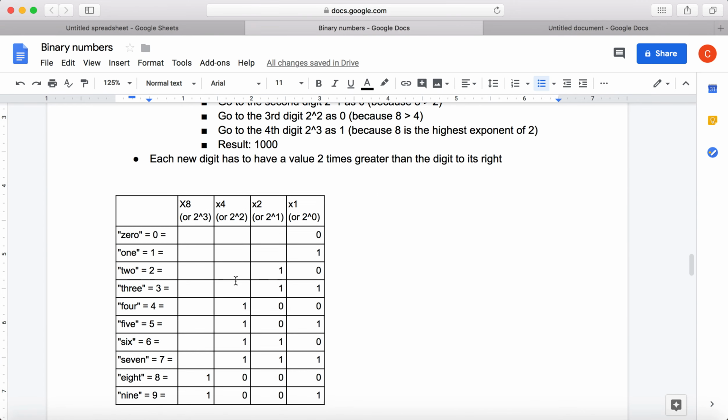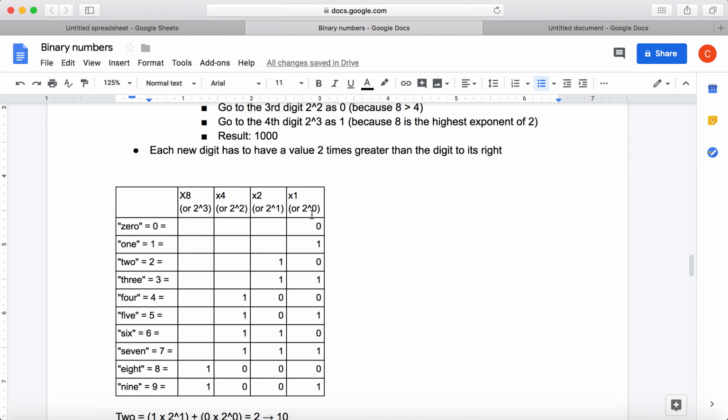So as we can see in this table, we have the ones place, and now instead of the tens place, it's the twos place, and the fours place, and the eights place, and so on and so forth. And this corresponds to 2 to the power of 0, 2 to the power of 1, 2 to the power of 2, 2 to the power of 3, and so on for each next digit.